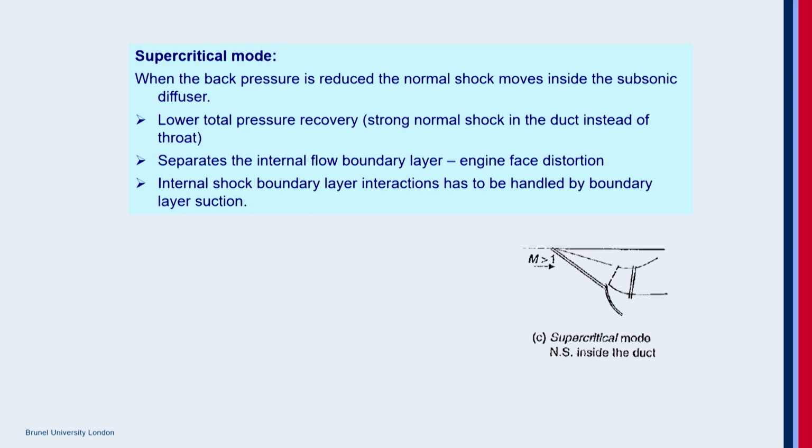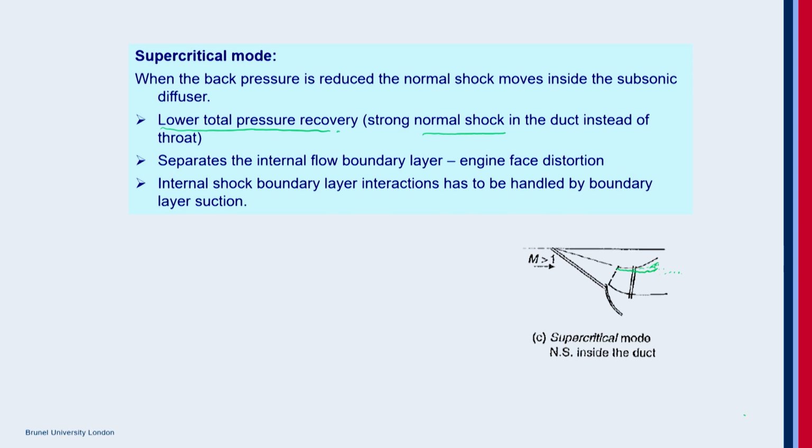Now let's look at the supercritical mode. Now, always, as I did mention, there is a boundary layer. The boundary layer distortion will take place, the boundary layer separation, and the distorted flow will enter into the engine, which is an undesirable phenomenon. So under supercritical mode, low total pressure recovery, and the shock intensity also increases because of the diverging geometry.